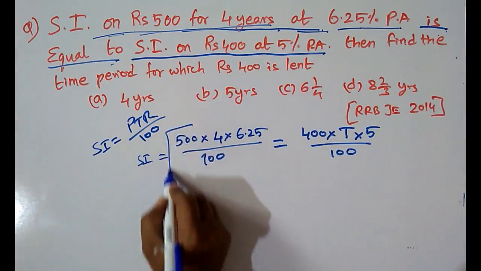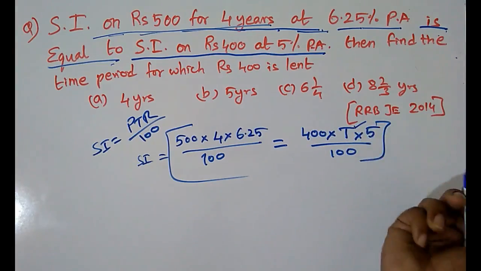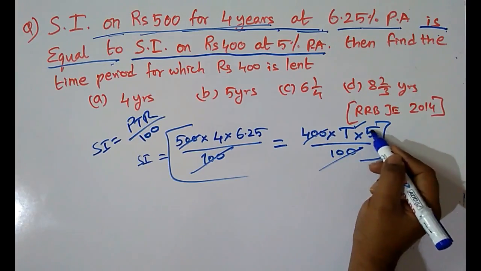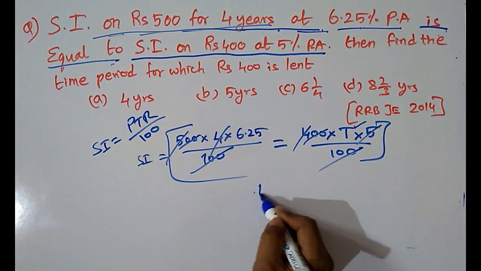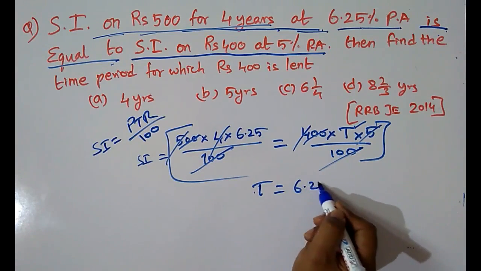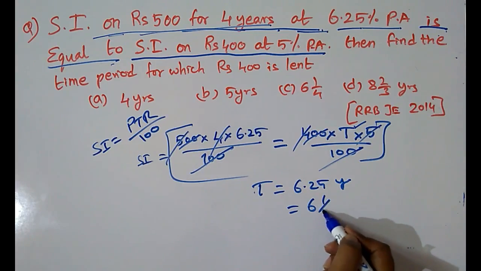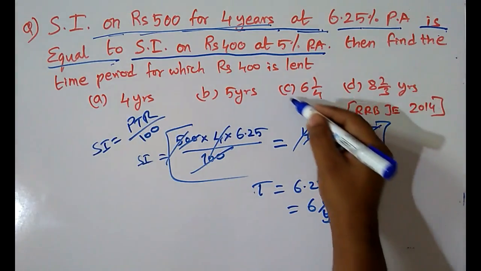We equate these two and find T. That's it, friends. What we are getting, T is equal to 6.25 years. In other words, 6 1 by 4 years.